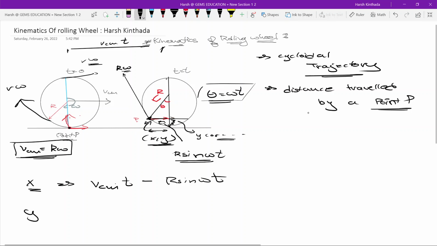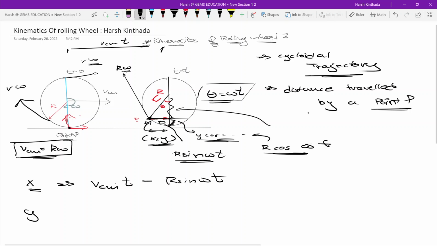This is r, and the y coordinate over here will be r cos omega t, and this distance is r sin omega t.